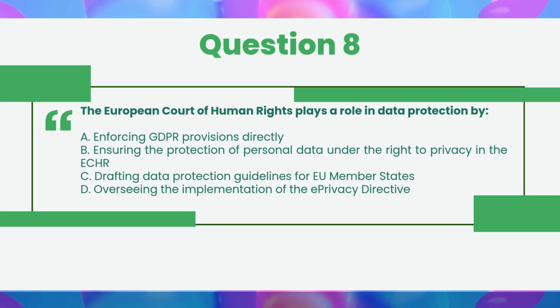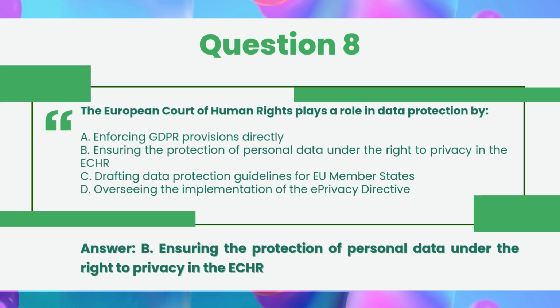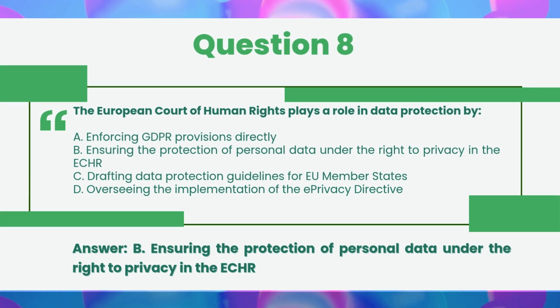The answer is B. Ensuring the protection of personal data under the right to privacy in the ECHR. This is because the European Court of Human Rights ensures that personal data processing complies with the right to privacy under the ECHR, even though it does not enforce GDPR directly.